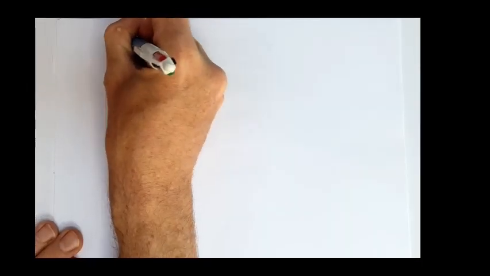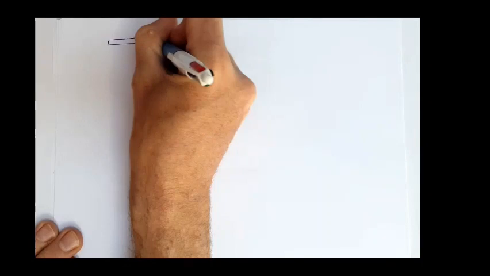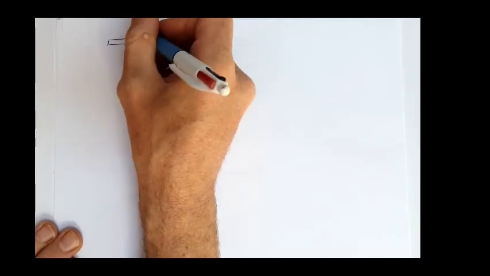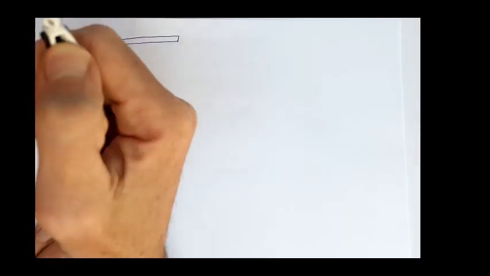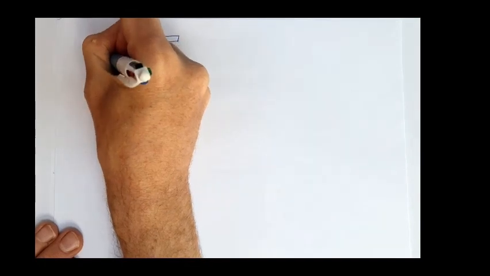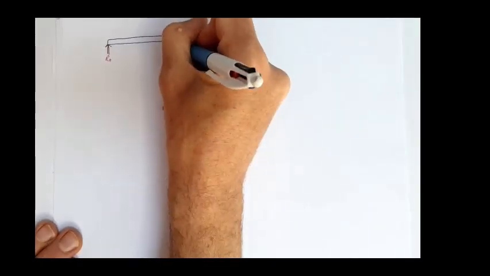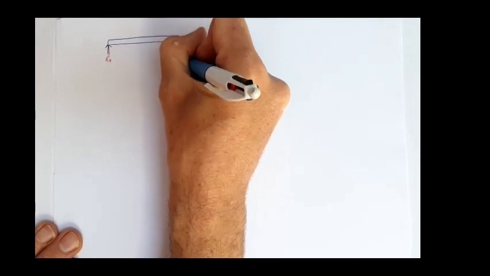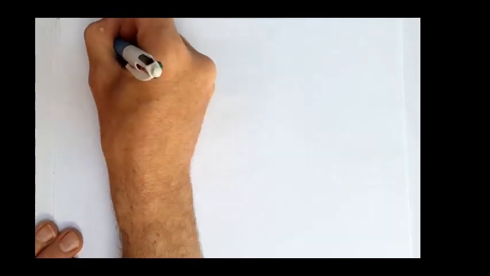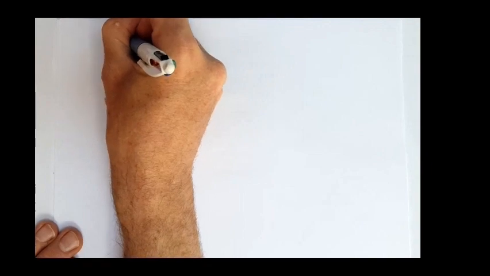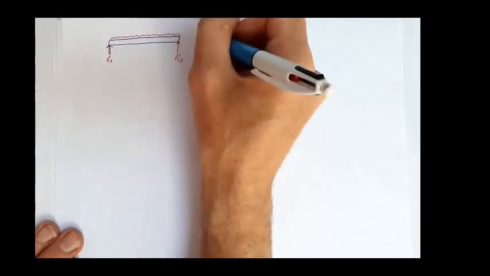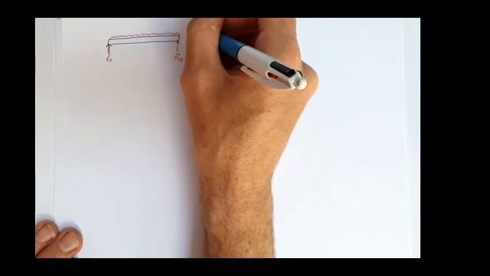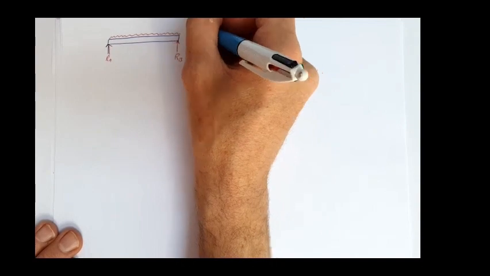Okay, so let's now consider our situation. We've got our beam. It's simply supported. So we've got some reaction load, RA, another reaction load, RB. We've got my UDL on top of my beam, which is some load.